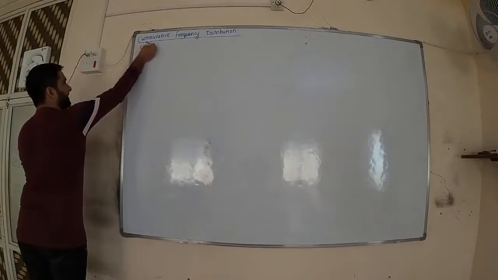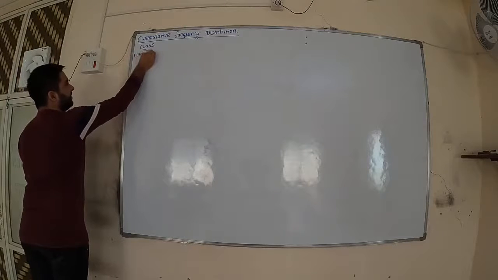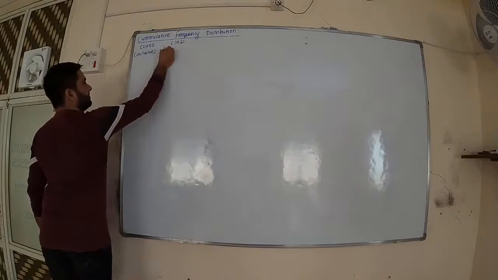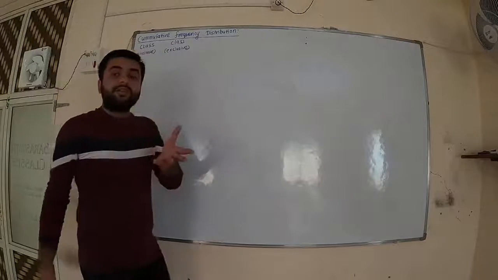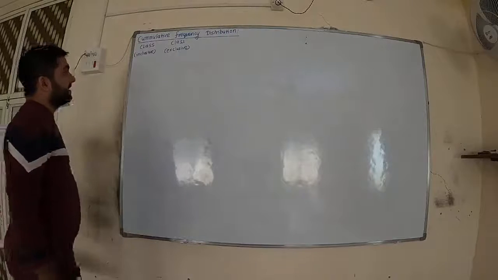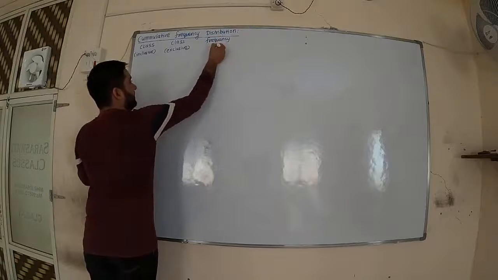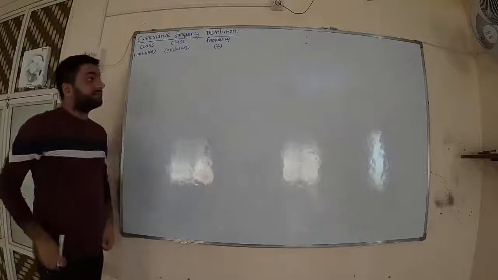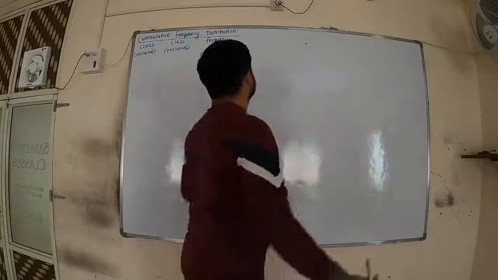The column of class, where these classes are inclusive. Then again a column of class which is exclusive. You don't have to show any calculation of 0.5 plus and minus; we will just understand and write the things. Then frequency, f.